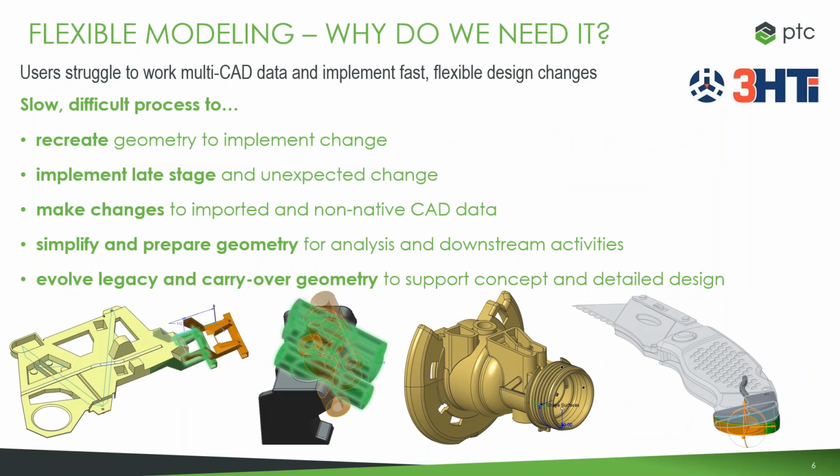So again, some of the things that are difficult to do in a traditional parametric CAD environment, late changes, changes to third-party CAD, all this stuff becomes pretty trivial, honestly, with flexible modeling.